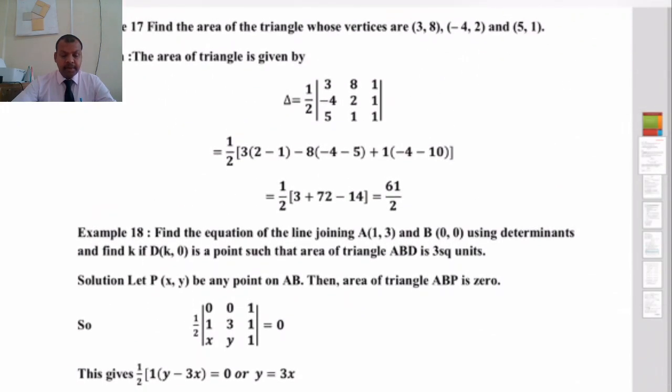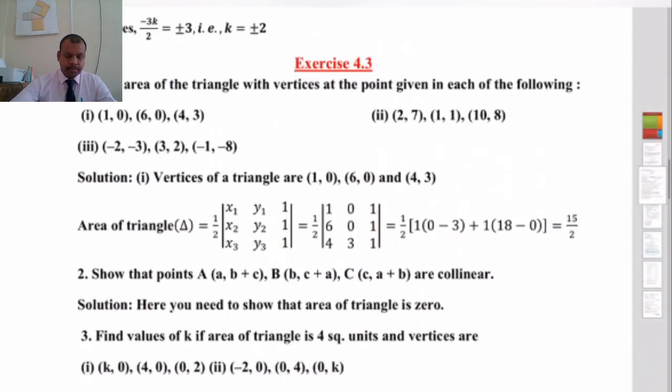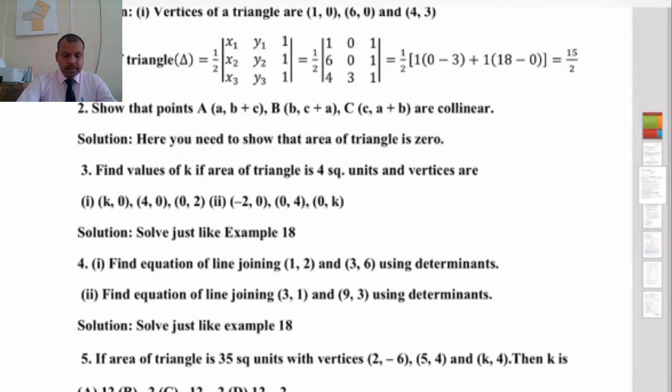Yes, in example number 18: find the equation of the line joining A and B using determinants and find k if D(k, 0) is a point such that the area of ABD is 3 square units. So here also just take the area of the triangle in this question. Here the area is 4 square units. Just take the first part first, and the coordinates are (k, 0), (4, 0), (0, 2).